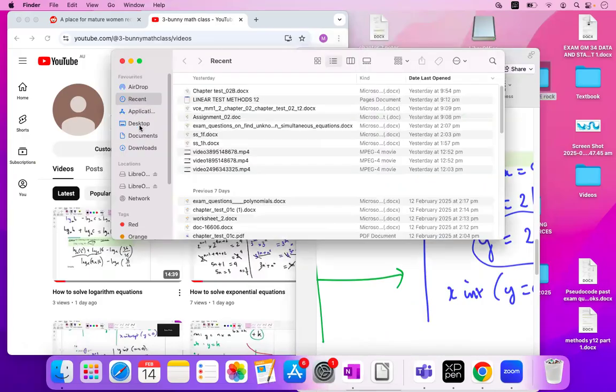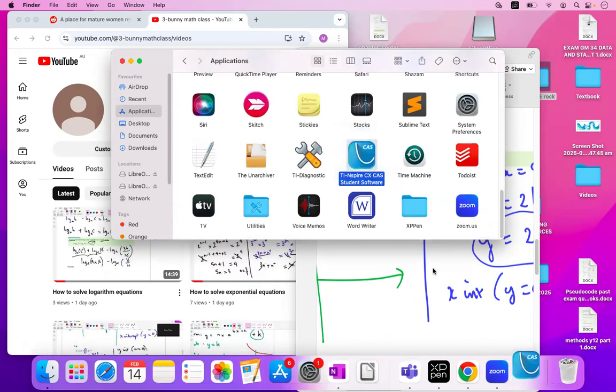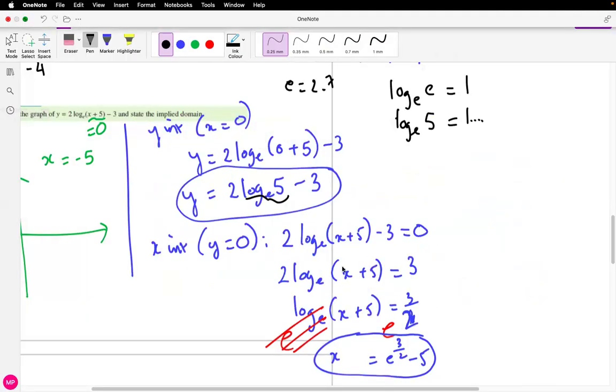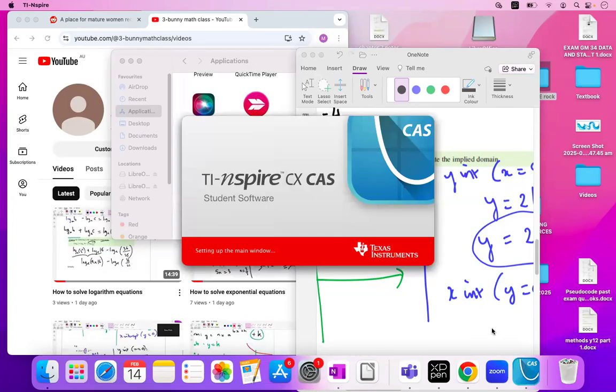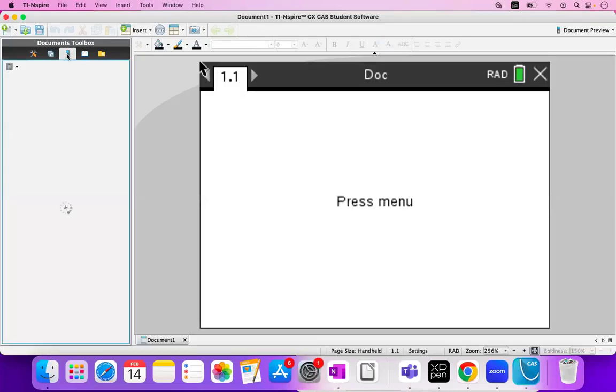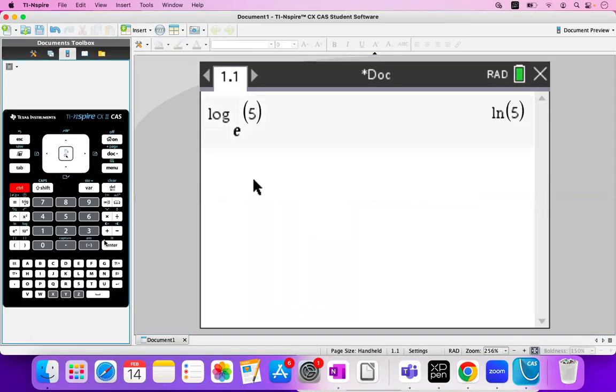Let me go to the calculator. All right. So if I estimate log a of 5, I would get 1.6.